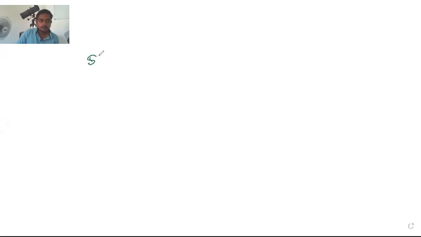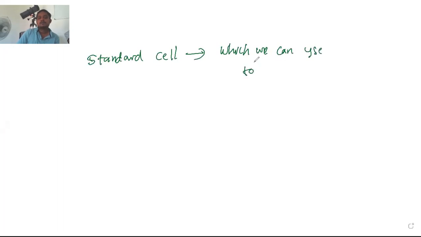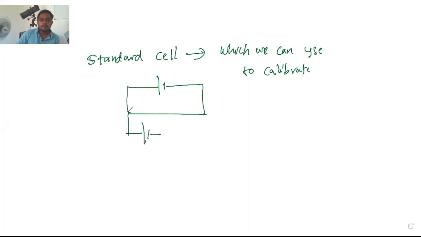What is a standard cell? A standard cell means a cell which we can use to calibrate. What do you mean by calibrate? Consider we have a potentiometer and we don't know the potential gradient. We use a standard cell, and with a standard cell R is equal to 0.